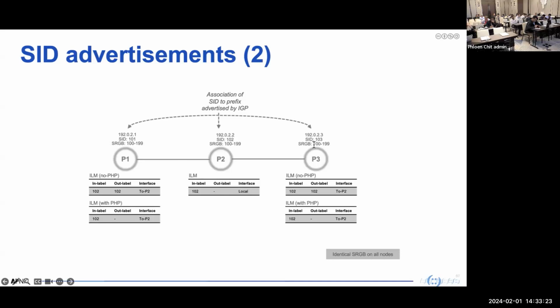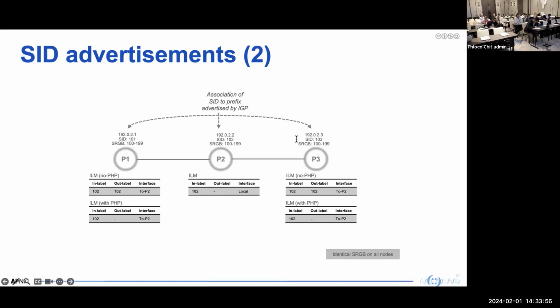This slide is showing the LFIB entry for the node SID of P2 on each node. Same as the previous slide, all nodes are using 102 for forwarding to the node SID of P2, because they all are using the same range. So this 102 is within the range of all the routers. That's why we can use an absolute value for P2. No matter on P1's forwarding table or P2 or P3, all the labels will be 102.